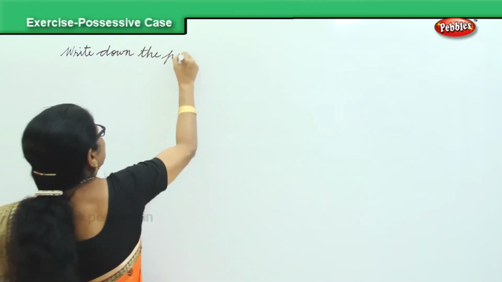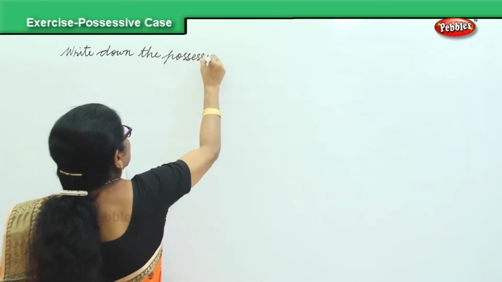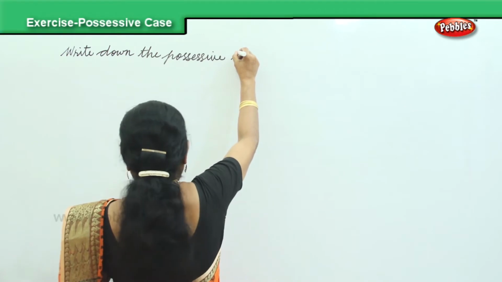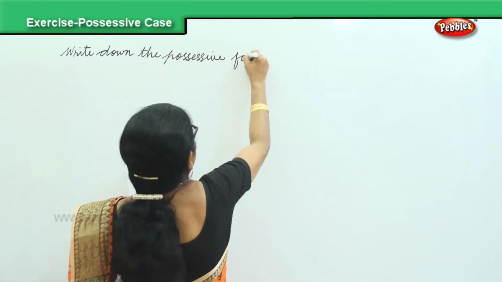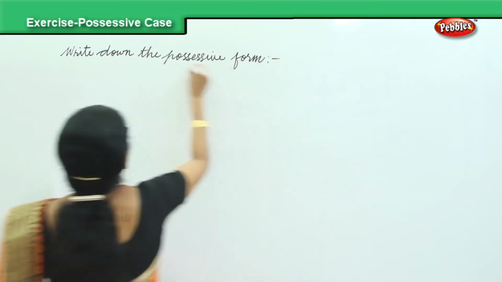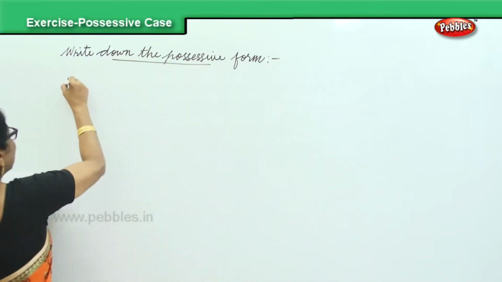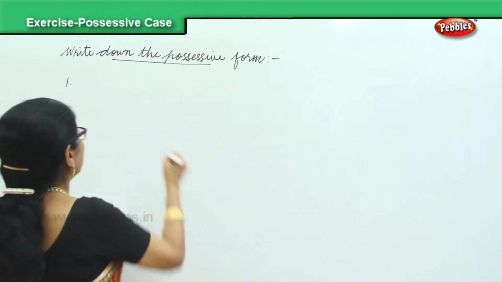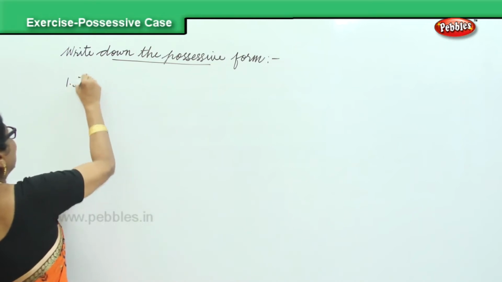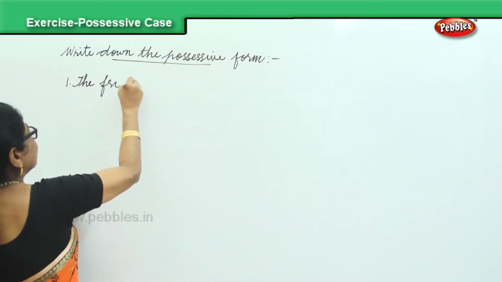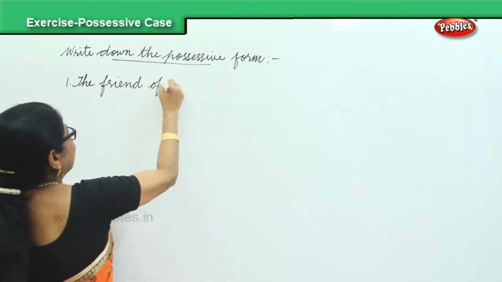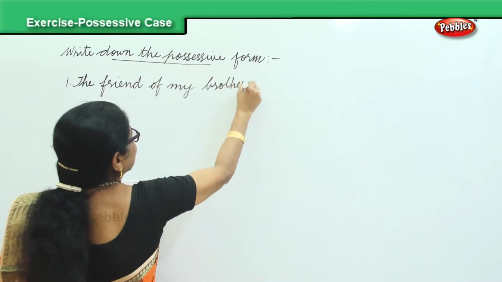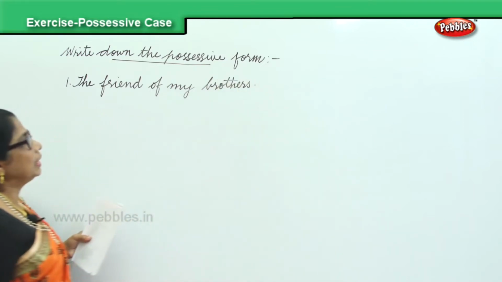Write down the possessive form of the following. Now, the friend of my brother. How will you write? You will say, what is the other way of saying?